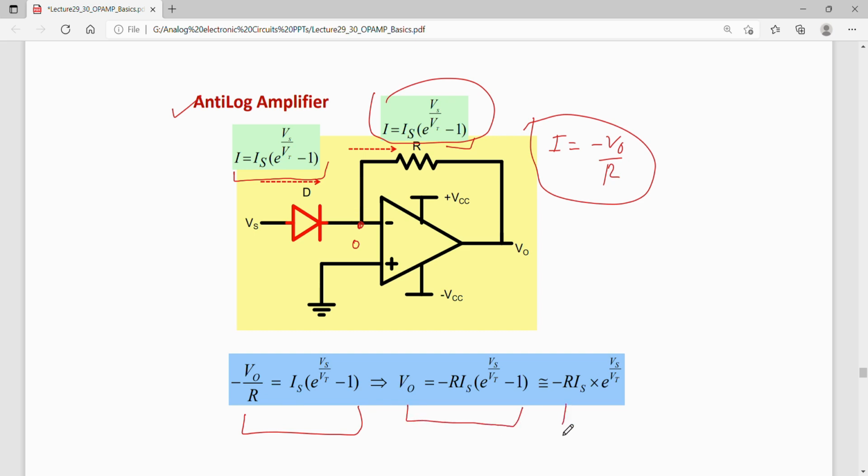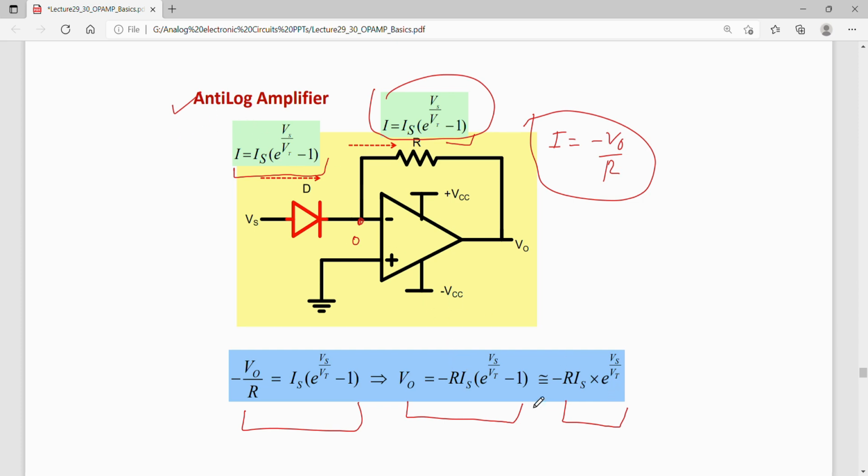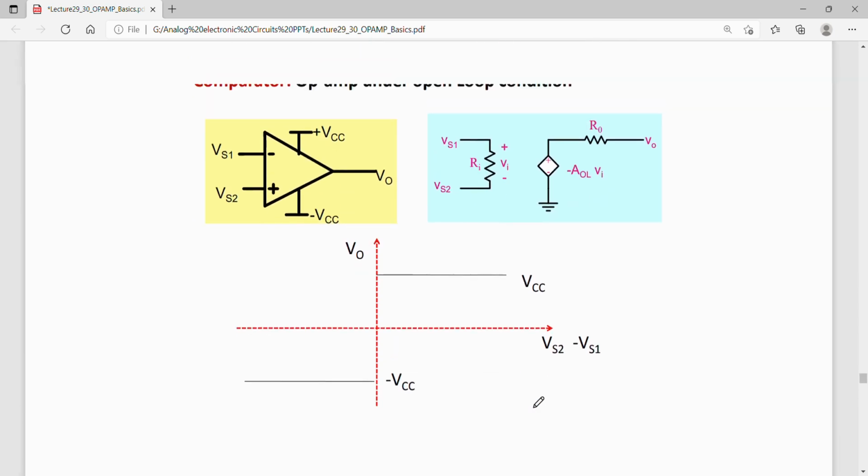So V naught is equal to minus R Is e to the power Vs by Vt, which is an anti-logarithmic operation. So an anti-log amplifier can also be created using an OPAMP. In fact, many other configurations can be created.